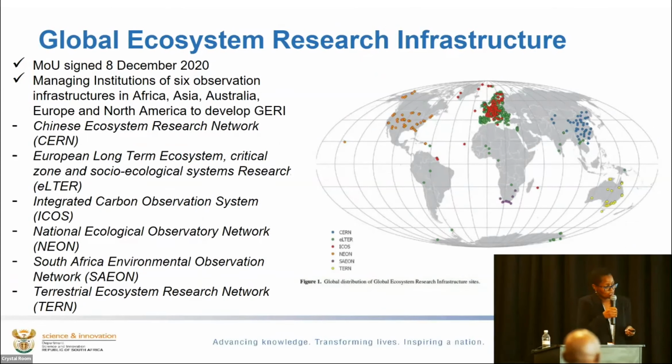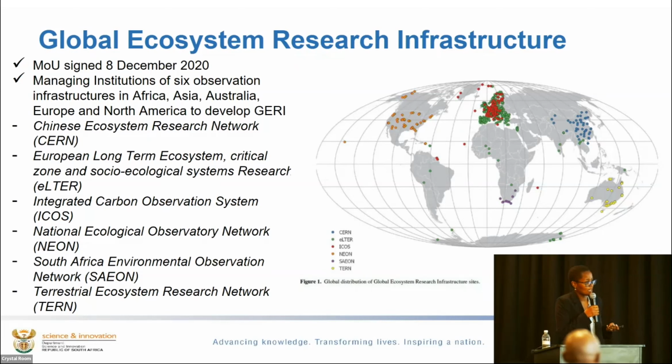We are also working with scientists across the globe. SAEON is a founding member of the Global Ecosystem Research Infrastructure. This provides us with linkages that we can use to work on international projects.